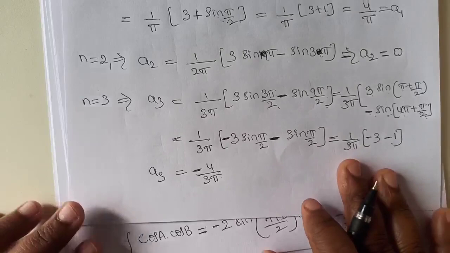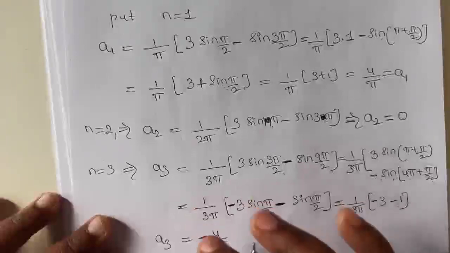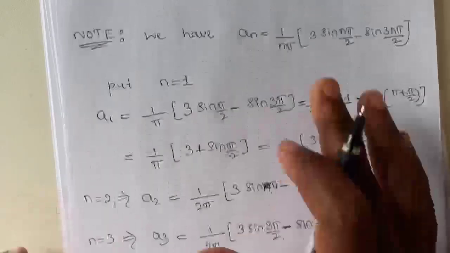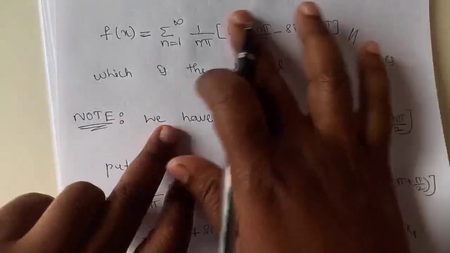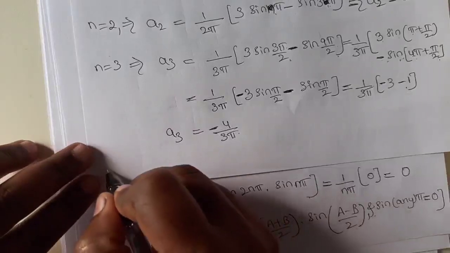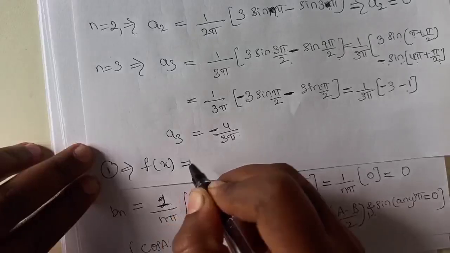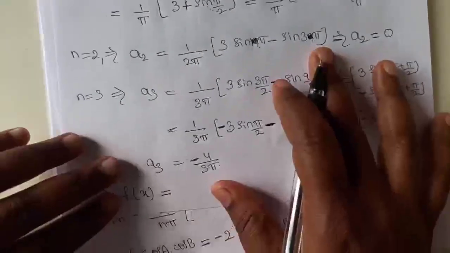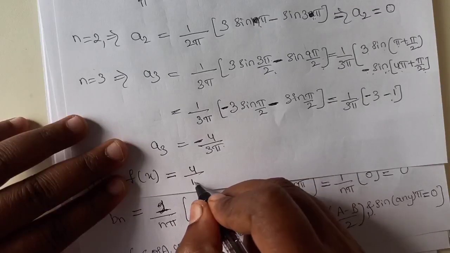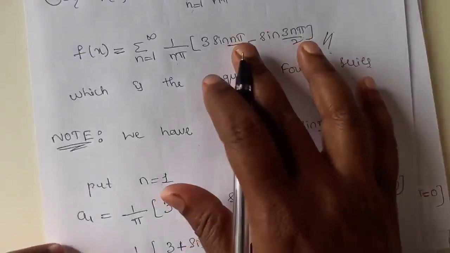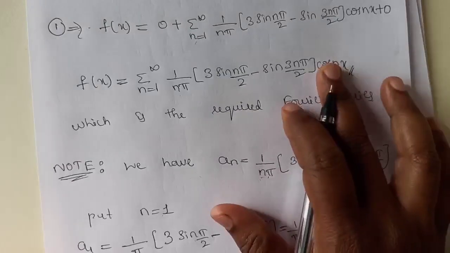Now substituting this a1 value, a2 value and a3 value into this Fourier series, we found f of x. f of x becomes: a1 value is 4 by pi, and here we have to write cos nx.